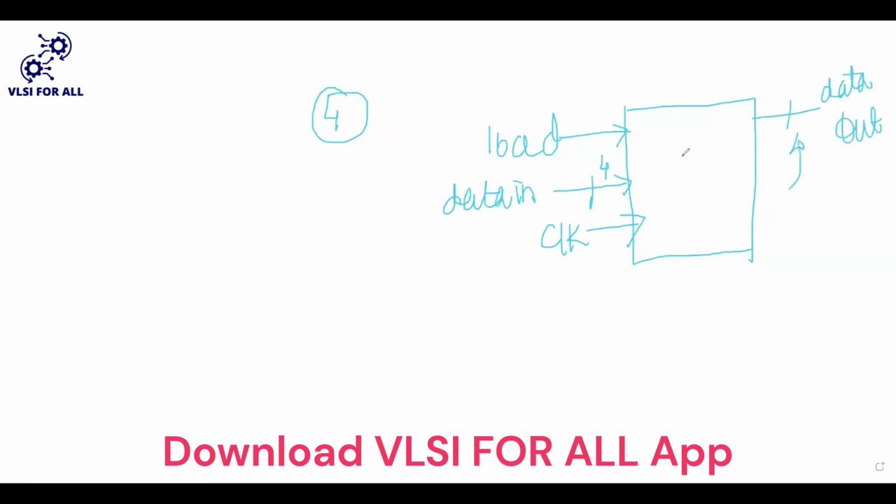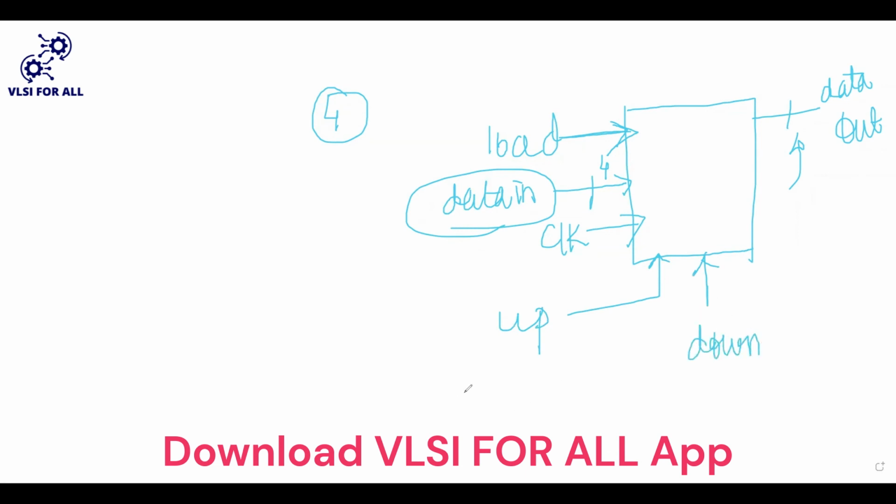That means the ultimate value of the count. Whenever I'm giving the value of load, whatever value I give here, it should consider. If I'm not giving anything, it can start from 0. So load, and now as it's an up down counter, the other two inputs should be the up as well as the down.